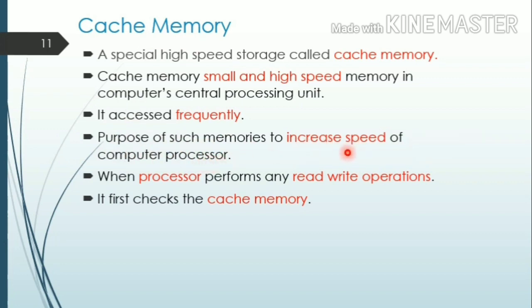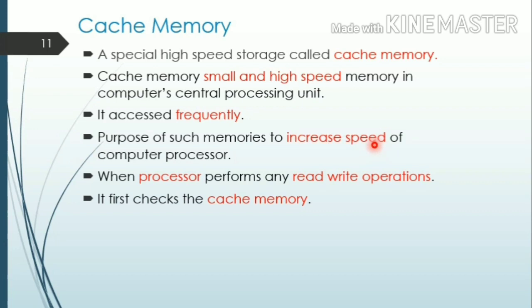Whenever you have high speed, especially I am talking about gigahertz. If you have a PC at home, go to My Computer, right click on it, go to properties and check the gigahertz speed. So the processor supports this speed.